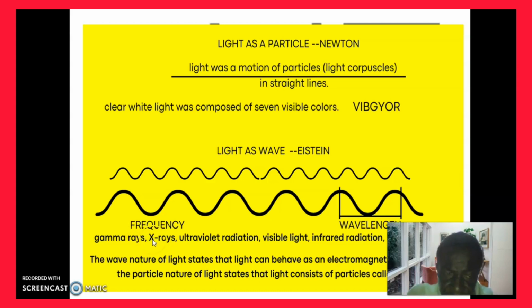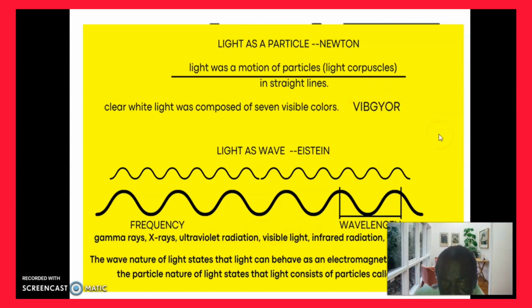The X-ray would take the picture you want of those areas that cannot penetrate, and you see it in a film. The ultraviolet radiation is also used, as is the microwave that we have, and then you have the visible lights that come as violet, indigo, blue, green, yellow, orange, and red.